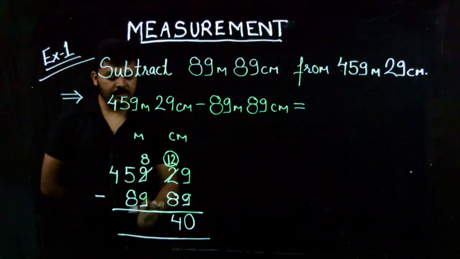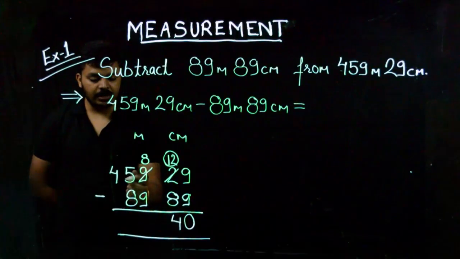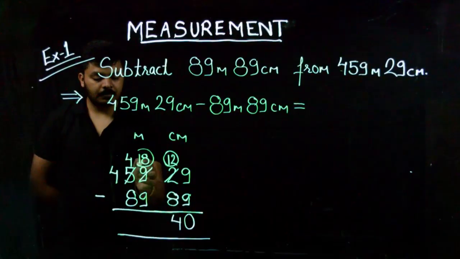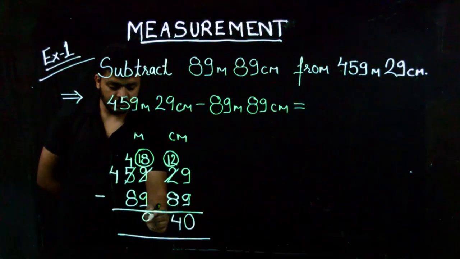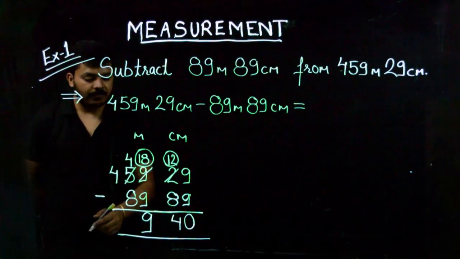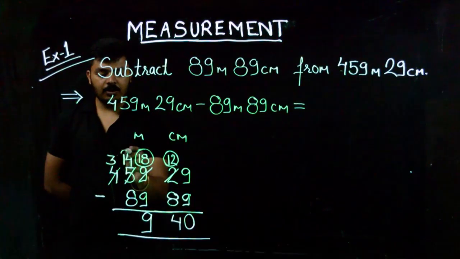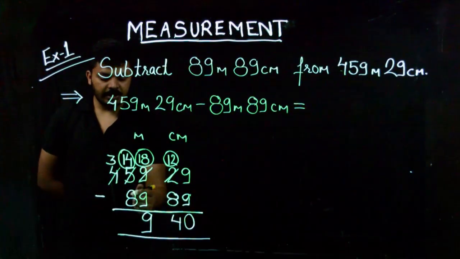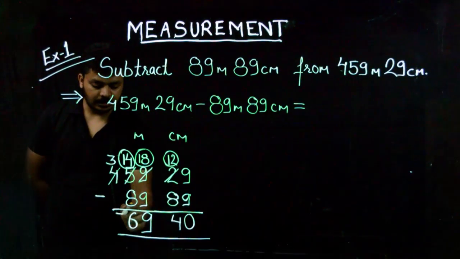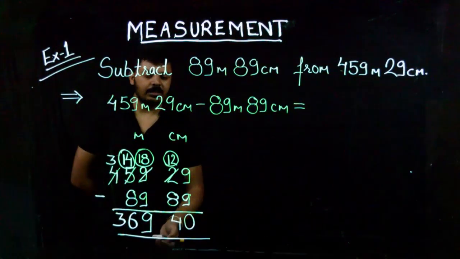Now 8 minus 9, since 9 is greater than 8, we cannot subtract 9 from 8. So again regrouping, and it becomes 18. 18 minus 9 is 9. Now again 8 cannot be subtracted from 4, so again regrouping, here it is 3 and it becomes 14. So 14 minus 8 is 6, and here it is 3. So 369 meter and 40 centimeter.